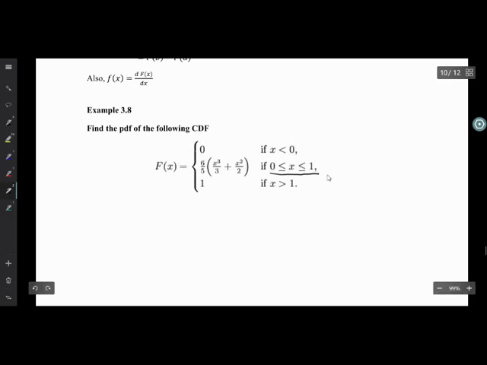So you have the capital F(x) given in this expression. We want to find the PDF, which is small f(x). That will be the first derivative of the given function. So let's take the constant out.